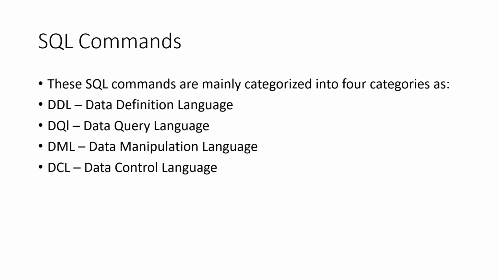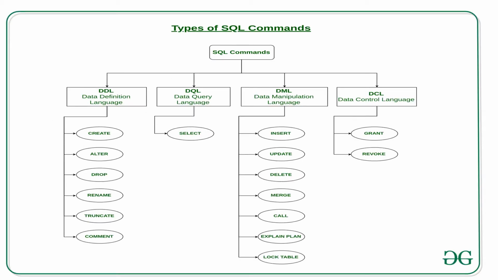First is DDL, data definition language, then DQL, data query language, data manipulation language, data control language. So this is the chart of types of SQL commands, with the examples.